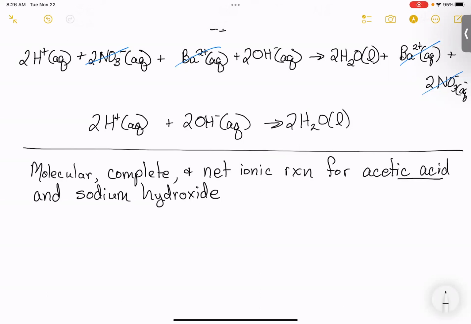With the -ic acid, I know that this comes from the acetate ion. So the acid is going to be HC2H3O2 aqueous, because the number of hydrogens that we would combine is related to the charge on the anion.